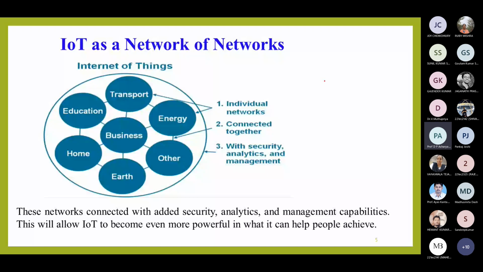So these networks will be connected, and there will be a requirement of security. There will also be a requirement of analytics. Analytics means doing analysis on the available scenario, available data, helping us to take decisions, helping us to reject the unwanted steps.